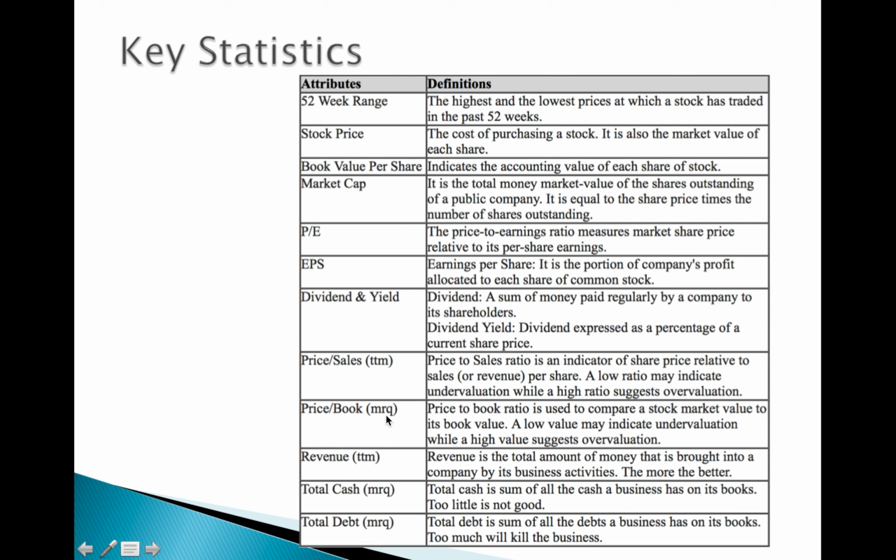A low ratio in both cases, price to sales ratio and price to book ratio, indicates undervaluation while a high value suggests overvaluation. Now the next is revenue. Revenue is the total amount of money that is brought into the company by its business activity. Total cash too little is not good, and total debt too much will kill the business.